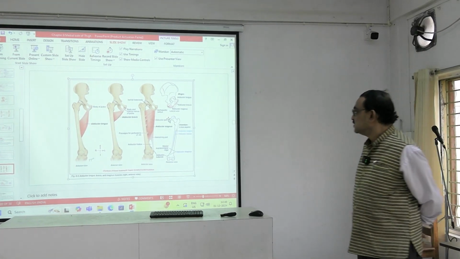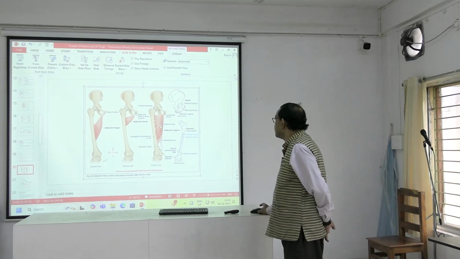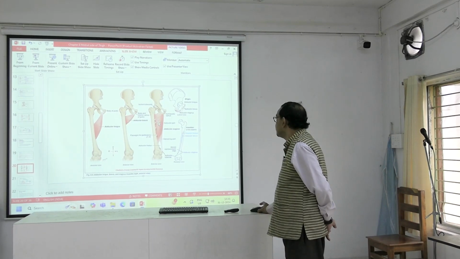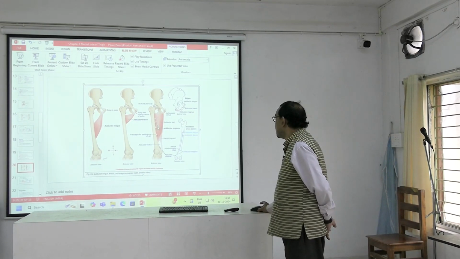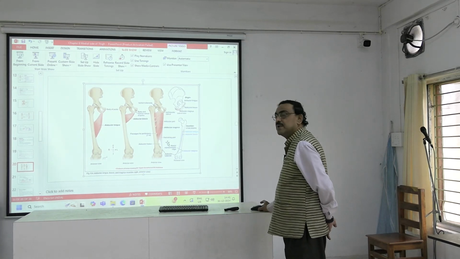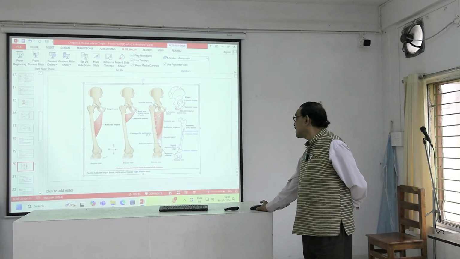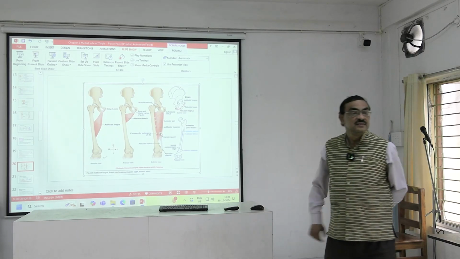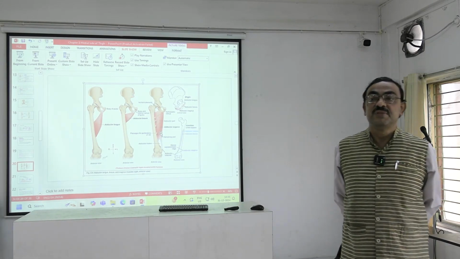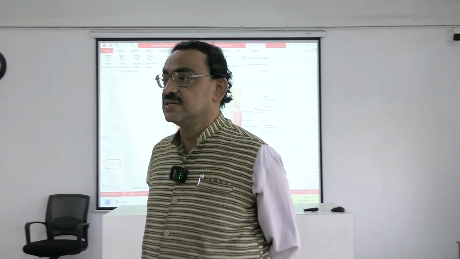Again you can see this is the adductor magnus, and here you can see several openings. Opening 1, opening 2, opening 3, opening 4, and this is the 5th opening. These openings are made by the deep femoral artery, which gives so many perforating branches.